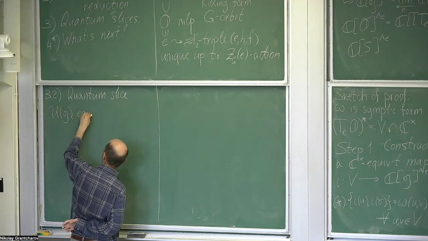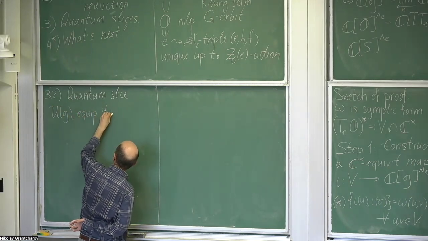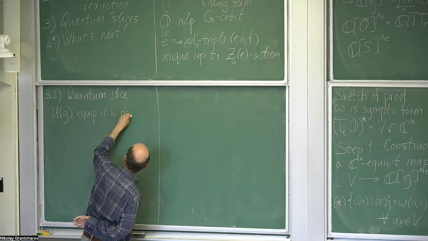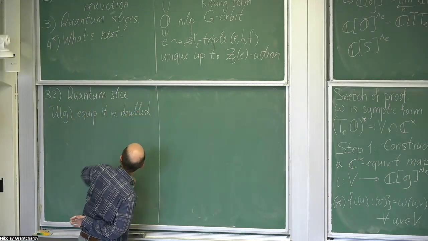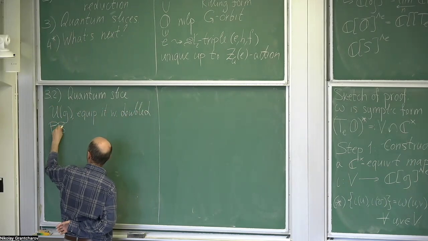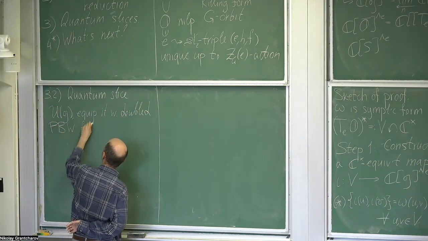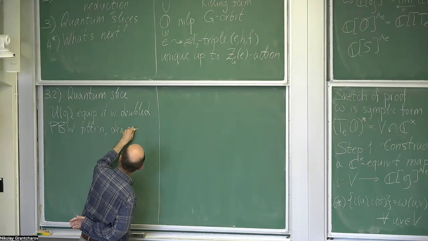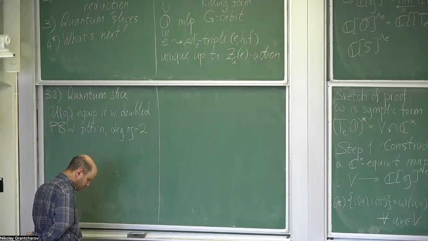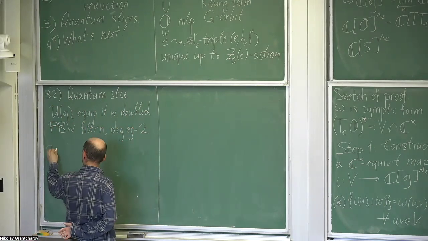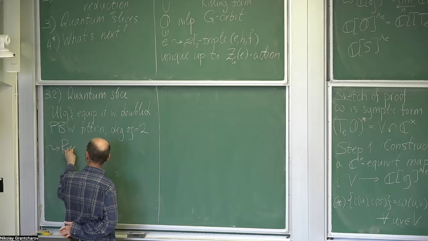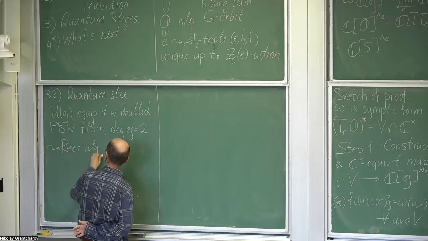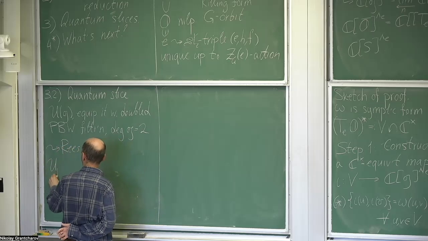I'm going to equip it with the doubled PBW filtration, where the degree of g is equal to 2. And then I'm going to consider the Rees algebra, denoted by U sub h bar of g.